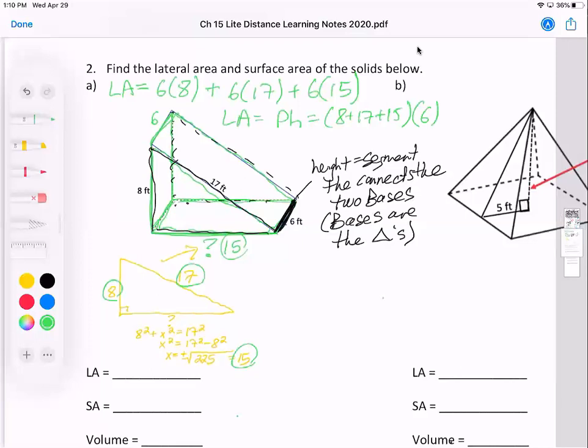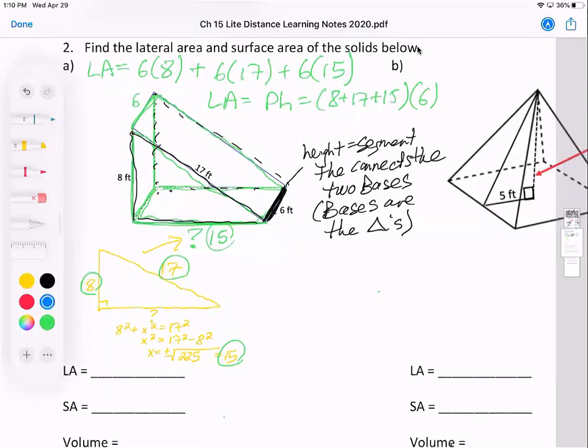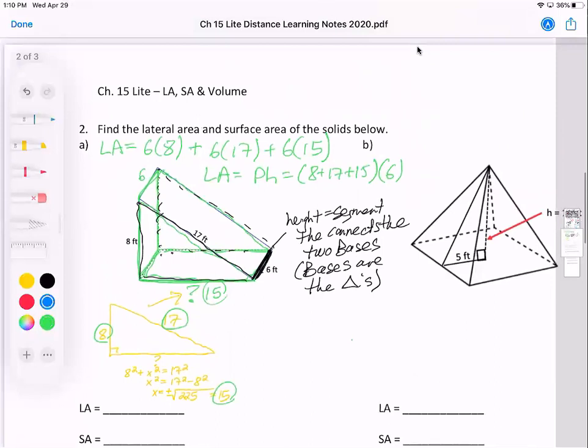Now, I want to point out, look how similar this formula looks to what we had originally. If you factor a 6 out of each of these terms, you would get 8 plus 17 plus 15. And that's kind of why the formula works the way it does. So rather than doing that first step that I've written there in green, you could jump to the perimeter of the base times the height of the prism.